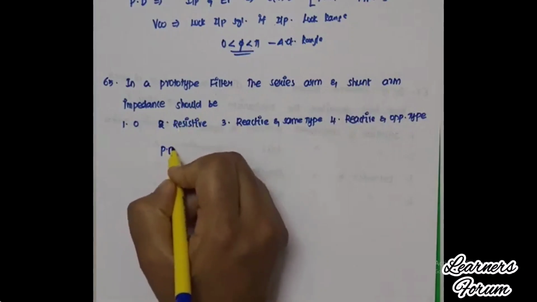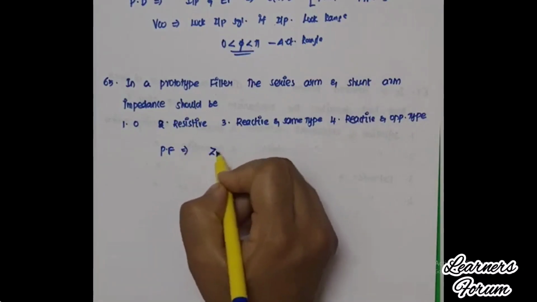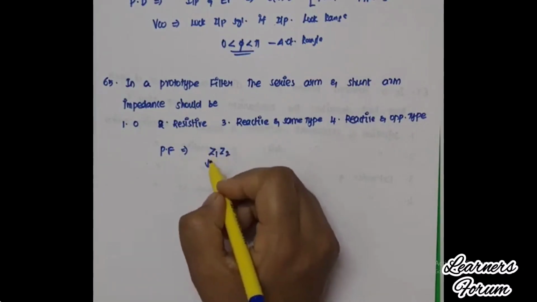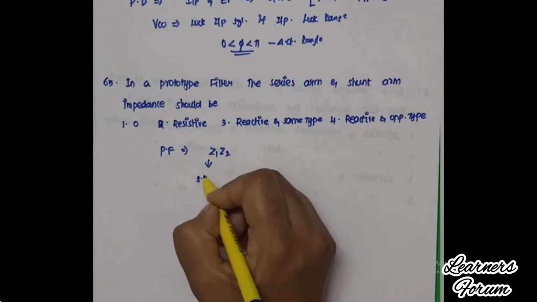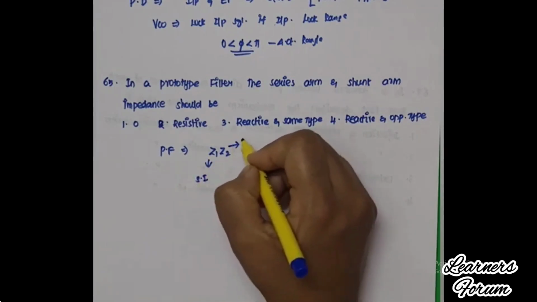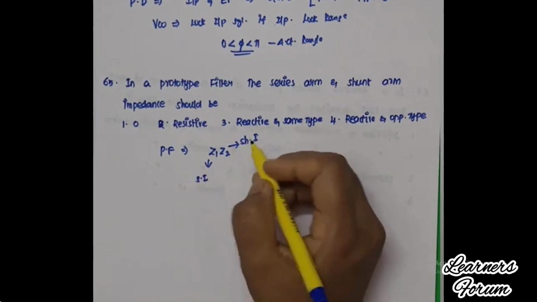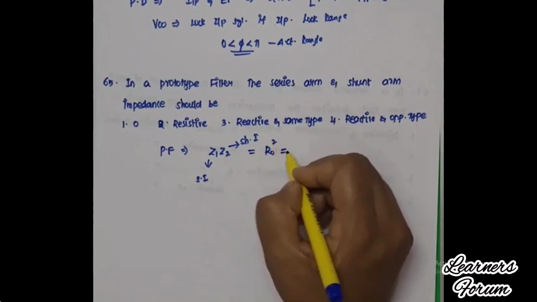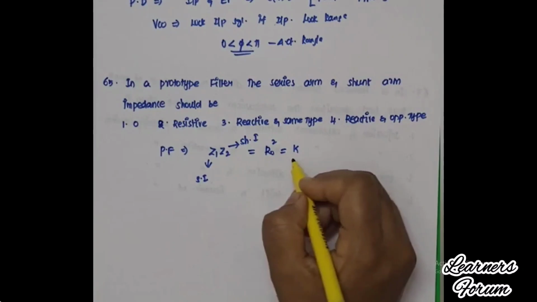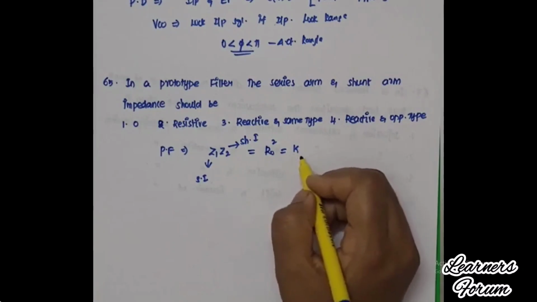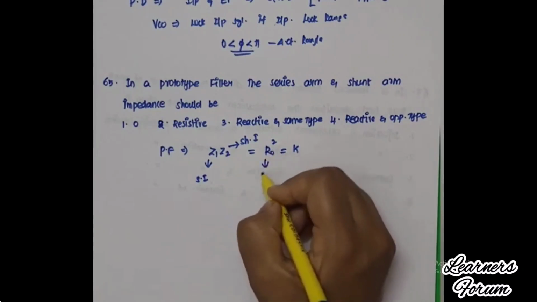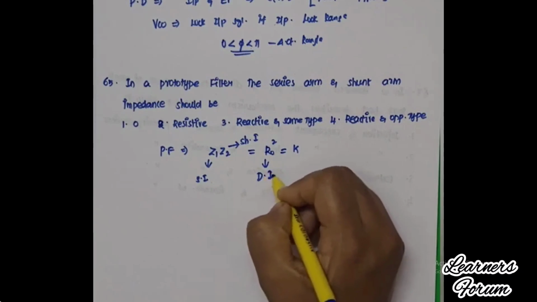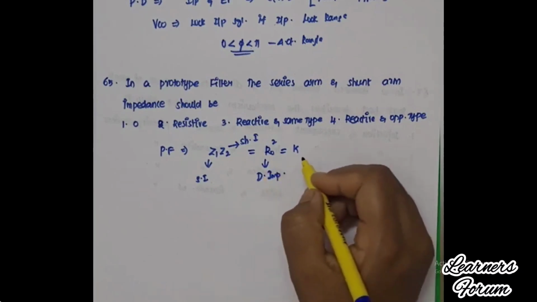Next question, in a prototype filter, the series arm and shunt arm impedance should be. So in general, for a prototype filter, the value of Z1 Z2, where Z1 refers to series impedance and Z2 refers to shunt impedance, is always equal to R0 square, which is equal to a constant K. So this is also called a constant K prototype filter or a defined impedance filter.